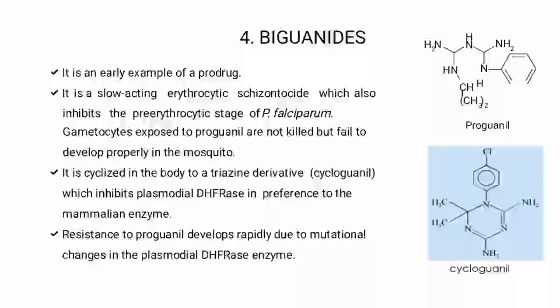It is cyclized in the body to a triazine derivative, cycloguanil, which inhibits Plasmodium DHFR in preference to the mammalian enzyme. Resistance to proguanil develops rapidly due to mutational changes in the Plasmodium DHFR enzyme.